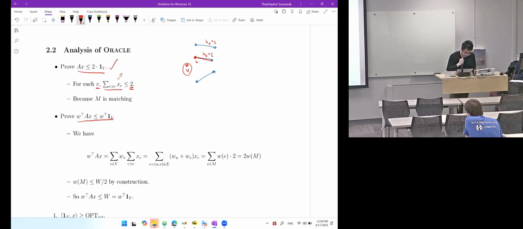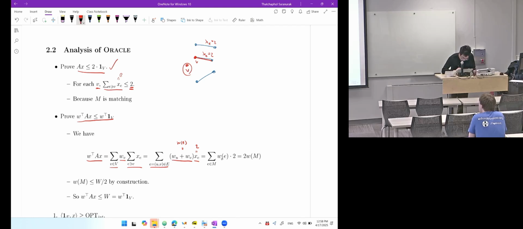How about this one? Let's compute. Well, w^T A x is what? You write down the constraint for every node, multiply it with w, and sum them up over all nodes. And we can rearrange it to sum over all edges, x_e times the sum of the two endpoints' weights, right? This thing is just 2 if e is in M, and this thing is the weight of an edge.